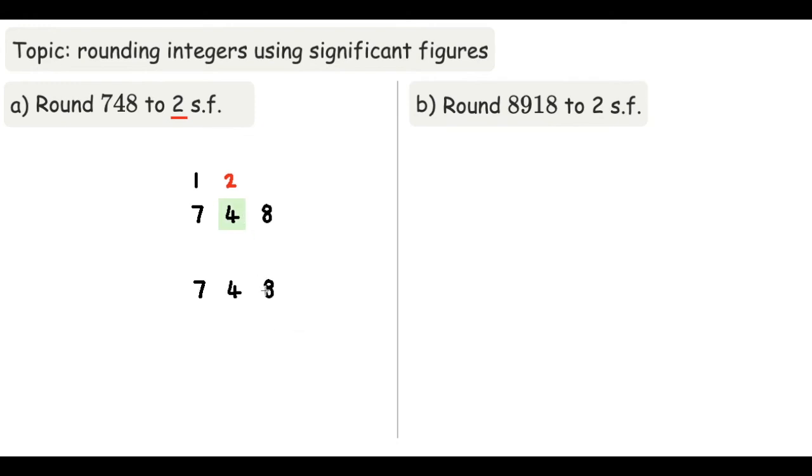Now remember before, we put a line after the significant figure, just like this. And then we need to look at the number after the line, and here that's an 8. And just like before, if that digit's a 5, a 6, a 7, an 8 or a 9, then we've got to round up. And this 4 becomes a 5, and then we replace all the other digits after the significant figures by 0.